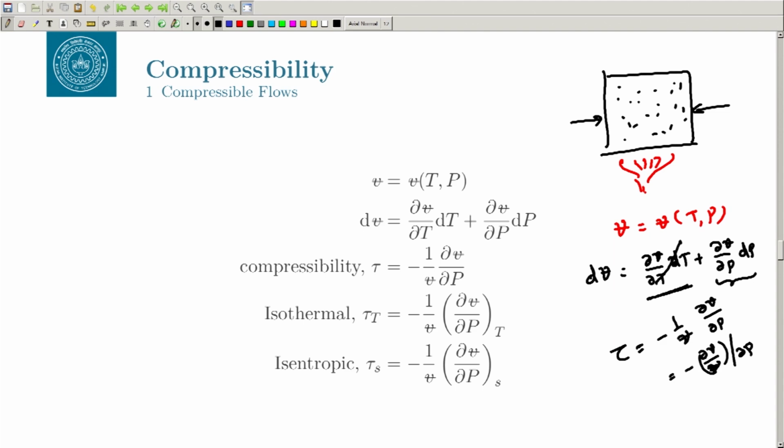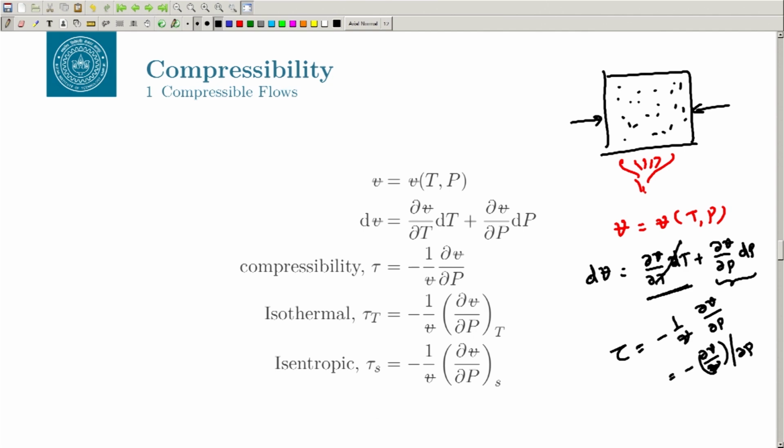Now, if you change the pressure, not only the volume changes, but also the temperature changes. Let us say you fill air through a pump in your bicycle, you would see that it becomes warmer, the tire becomes hotter. So, your temperature will increase when you apply pressure.